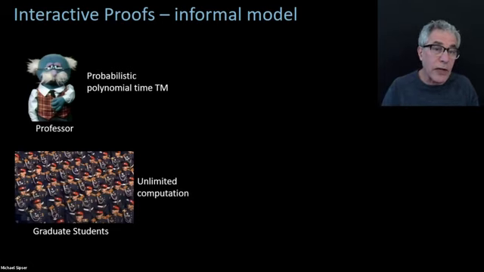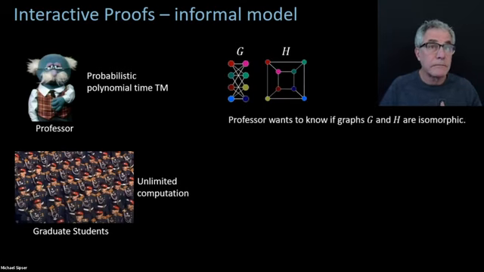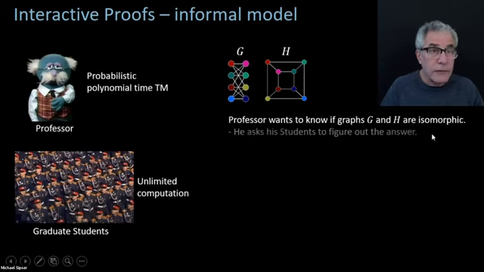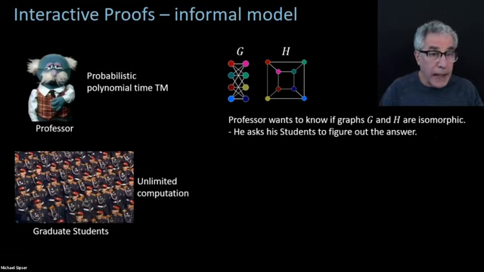The professor, on the other hand, is limited. So the professor wants to know if the two graphs are isomorphic, whatever they are, and can't do it by himself. So he's going to ask his students to figure out the answer and report back. Now, there's only one problem.